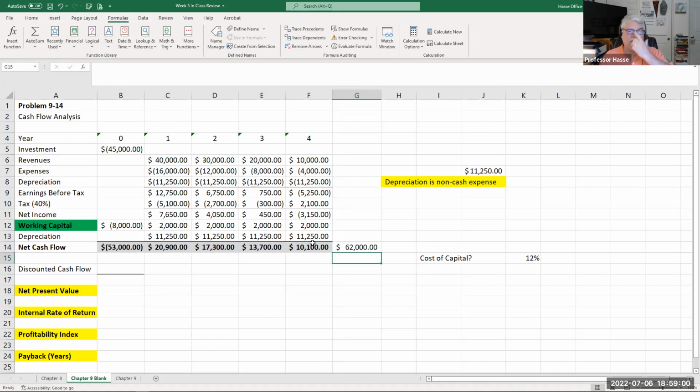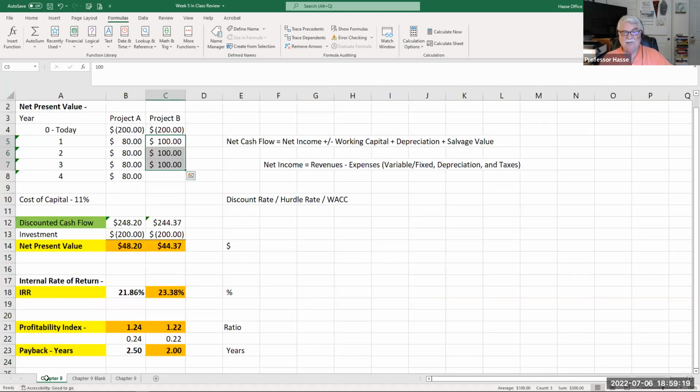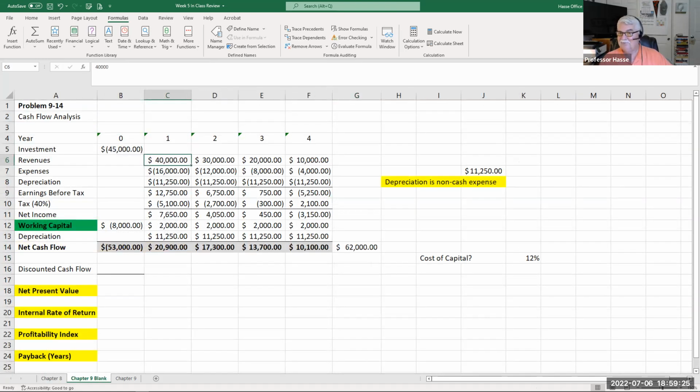So not only is the investment in year zero, as Edwin indicated earlier, the investment in the asset, it's also the working capital requirements needed to get that asset up to snuff to begin operations. Now we have all the pieces just like we had in chapter 8. Now we got all the numbers where we now can go ahead and do our return analysis.